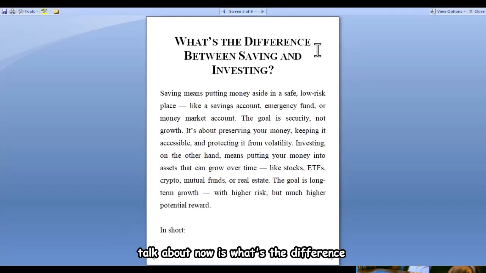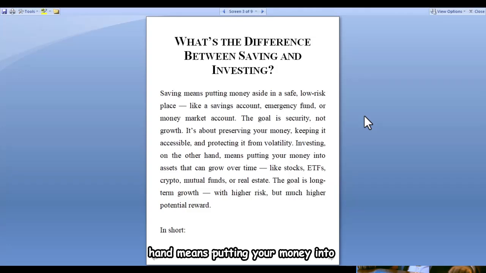So what I want to talk about now is, what's the difference between saving and investing? Saving means putting money aside in a safe, low risk place like a savings account, emergency fund, or money market account. The goal is security, not growth. It's about preserving your money, keeping it accessible and protecting it from volatility.